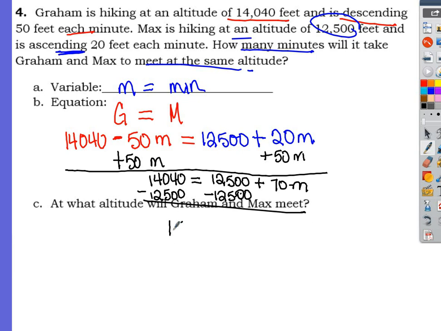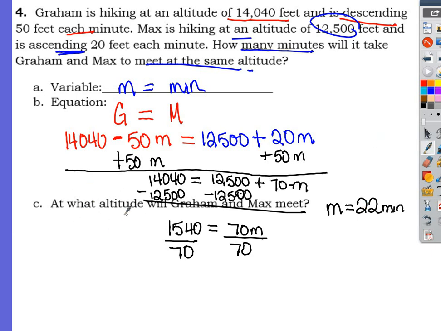That leaves me with 1,540 is equal to 70m. And then the inverse of multiplying is dividing, so I'm going to divide both sides by 70, and that's going to give me m is equal to 22 minutes. Okay, and it's important to realize that right now all we know is at 22 minutes they're going to be at the same altitude.